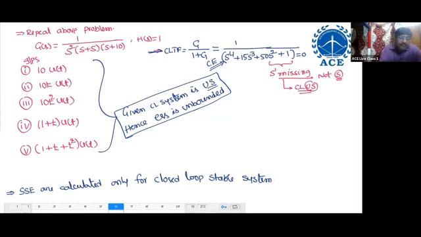So before solving any question, and before finding steady state error, first verify the closed loop stability. Check the options first.